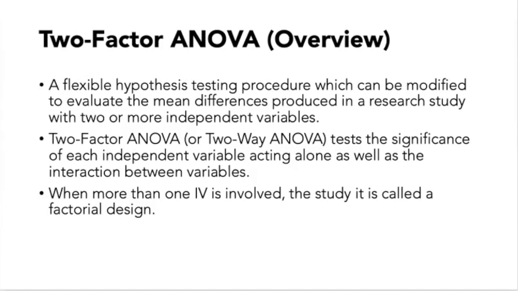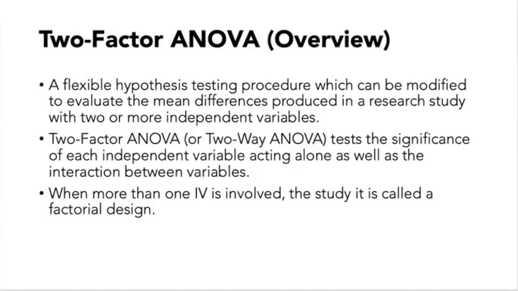For example, the type of drug and its effectiveness in alleviating anxiety. So anxiety can be alleviated by certain drugs. So drug is the independent variable, and there could be two drugs. So if you have two drugs and you want to find mean differences, that's going to be a t-test. If you have more than two groups and you want to find mean differences, that's going to be a one-way ANOVA. Why do I call it a one-way ANOVA?